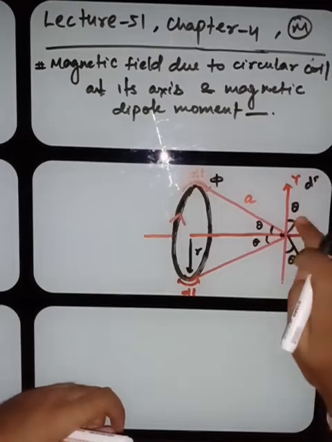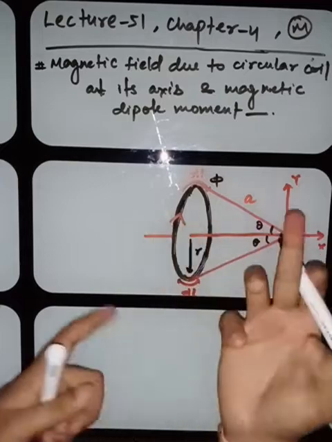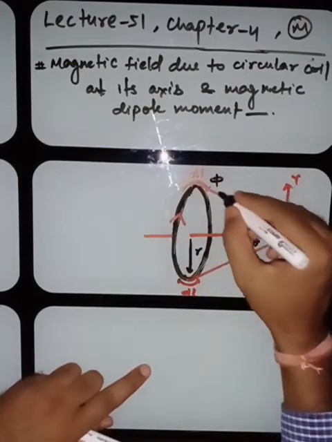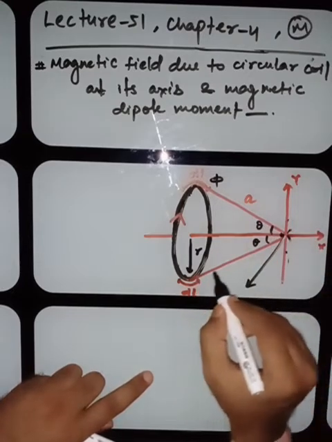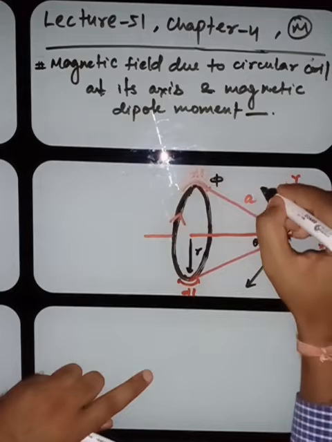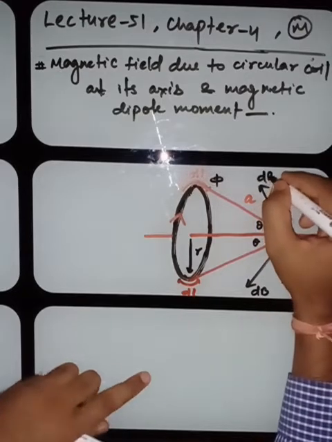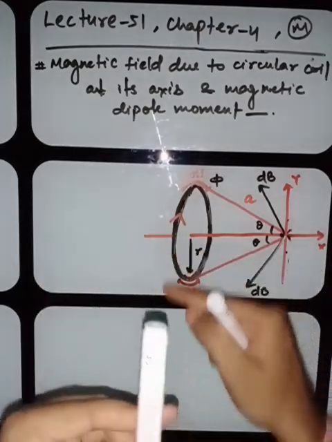I have made a mistake, or I can reverse the direction of the current. Due to this one, the magnetic field will be perpendicular downward here, and due to this one, the perpendicular magnetic field will be here. So this is the dB actually. Let me clarify. This is the dl.